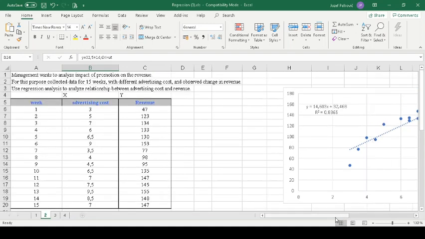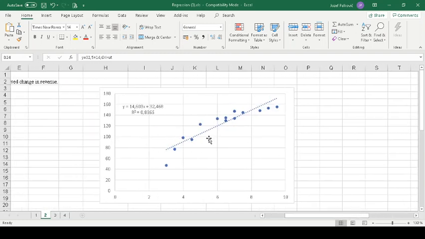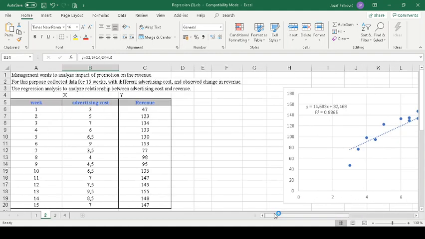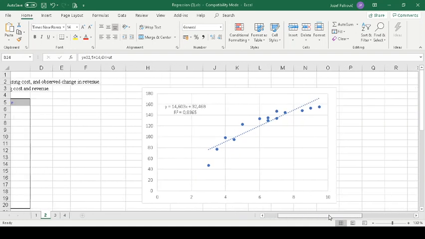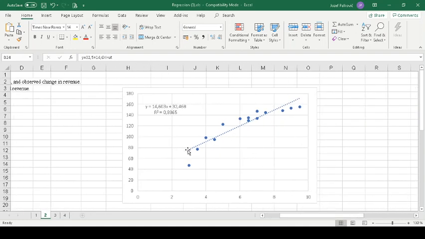If you look at the linear function in this chart, you can obviously see that real observations have a little bit different shape than the linear function. So if you would like to calculate revenues based on advertising cost, actual predicted values will be on this linear function, which means, for example, in case of advertising cost equal to 6, here would be the predicted revenue.